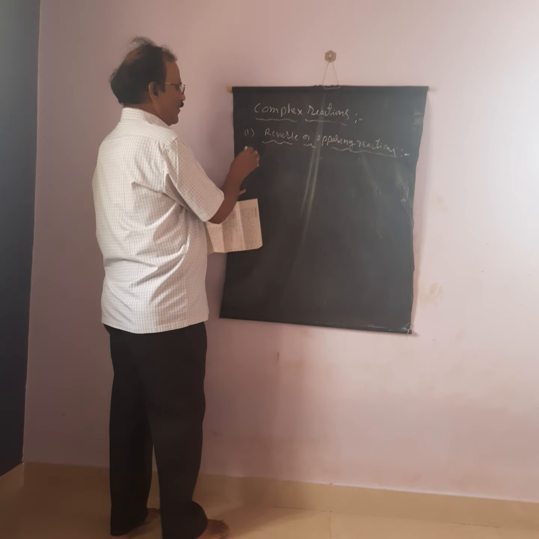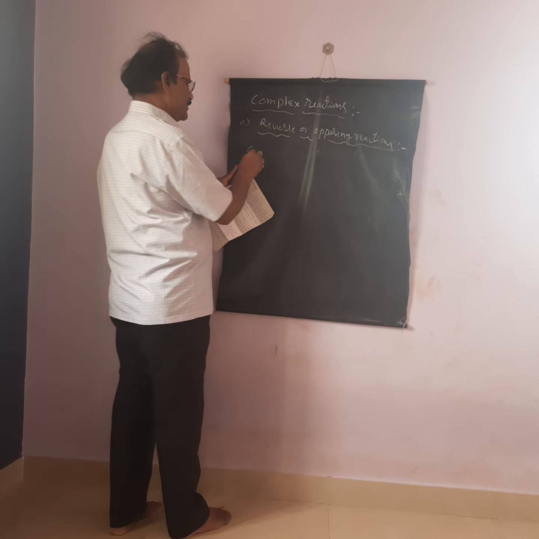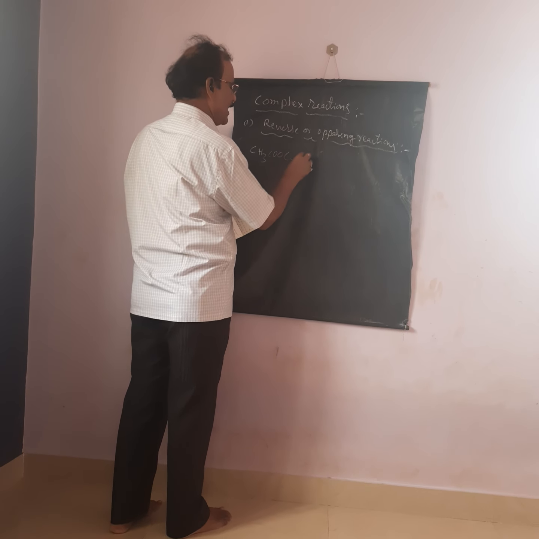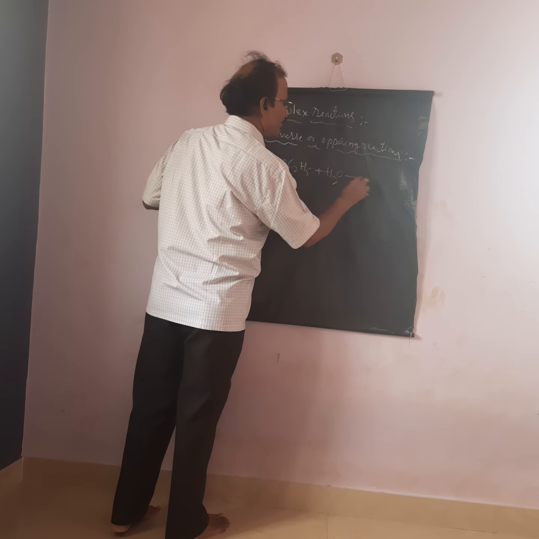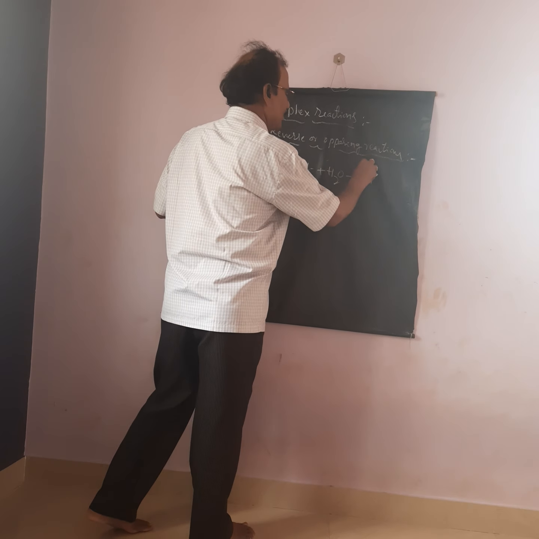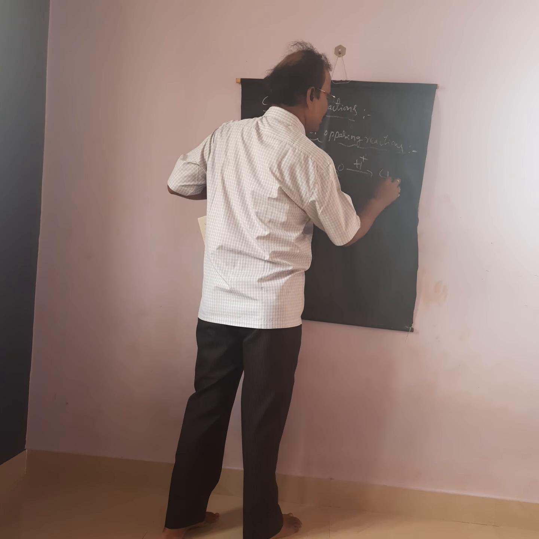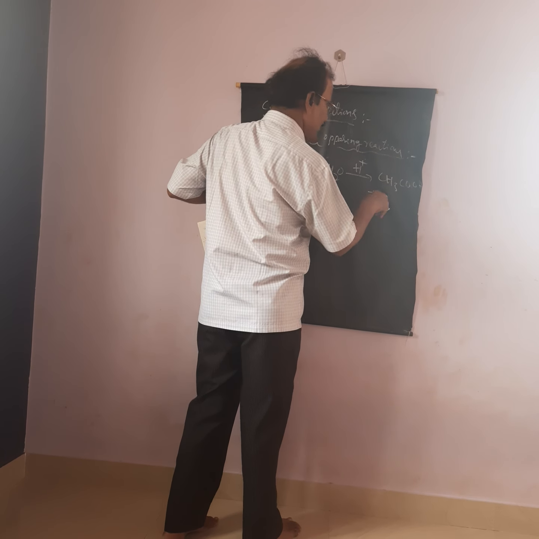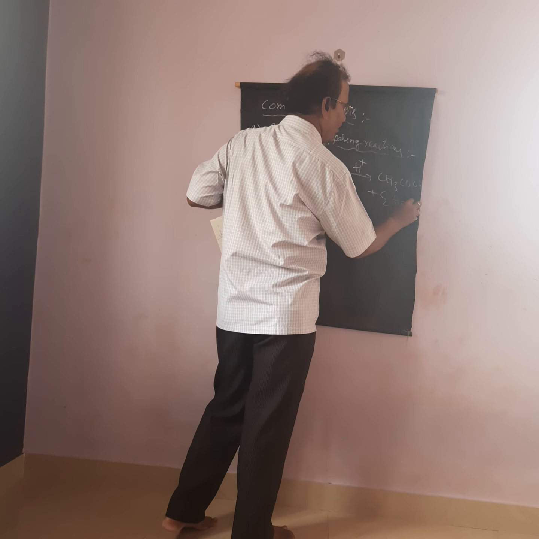For example, the acid hydrolysis of ethyl acetate, CH3COOC2H5. Ethyl acetate on hydrolysis in presence of acid, sulfuric acid or HCl or any acid, gives acetic acid plus ethyl alcohol, C2H5OH.